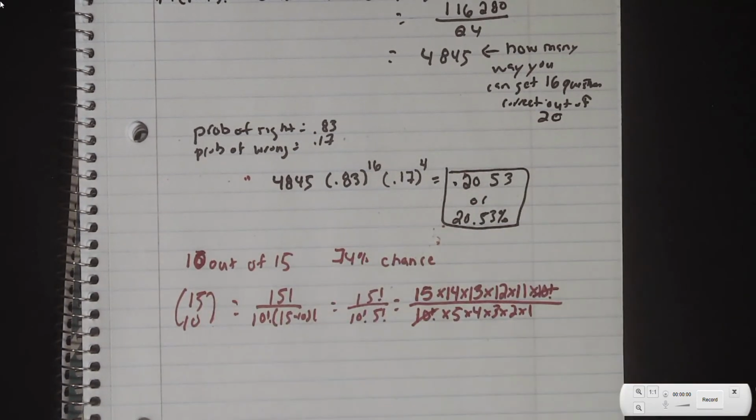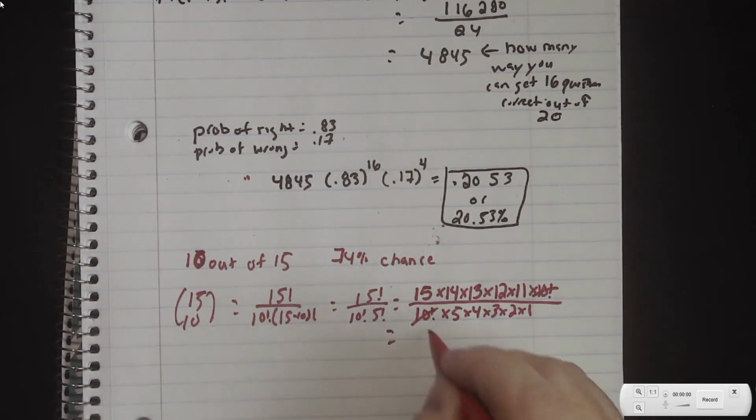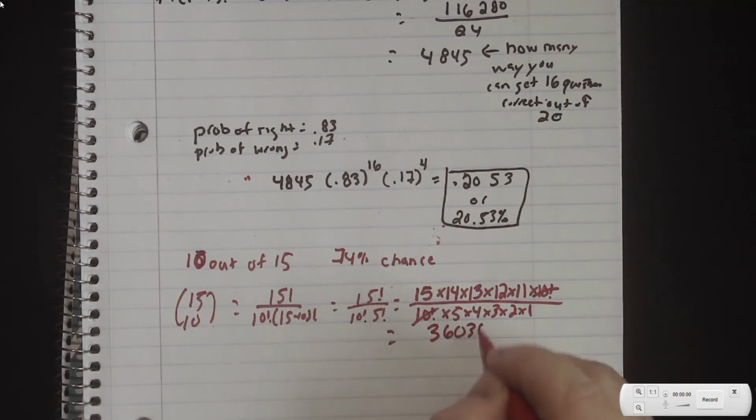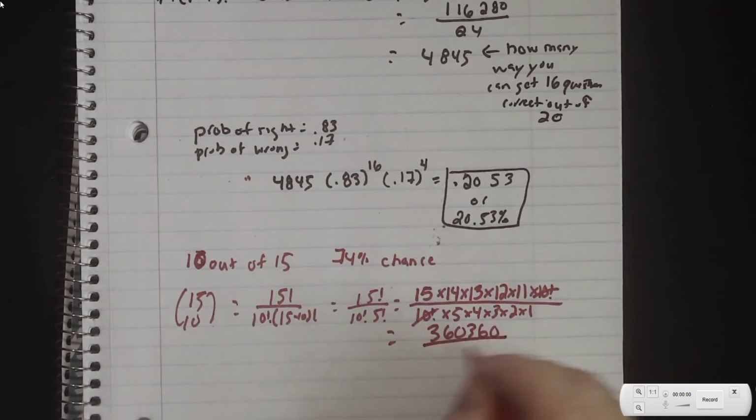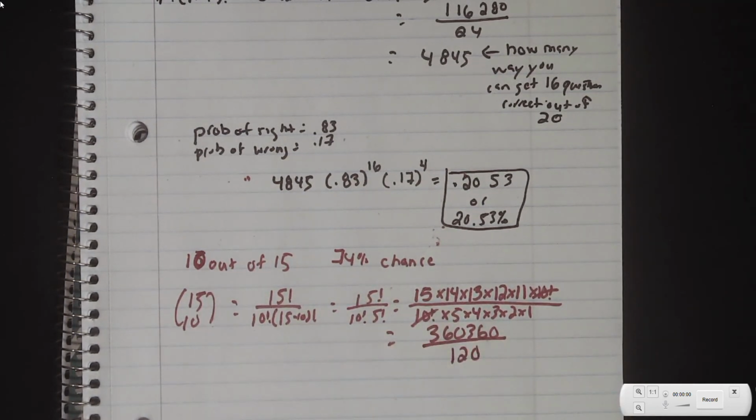Get rid of those. 15 times 14 times 13 times 12 times 11 is 360,360. 5 times 4 times 3 times 2 is 120. And if you ever do this division and get a decimal, you know you did something incorrect because it should always be a whole number.